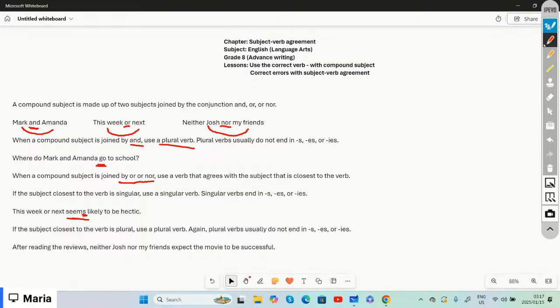So once again, we see the compound subject is made up of two subjects joined by a coordinating conjunction. If we use and to show that there's more than one, which is plural, then our verb needs to be plural and it does not end with s, es, or ies.